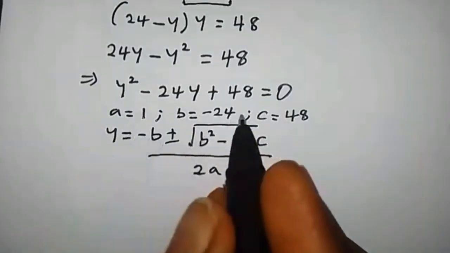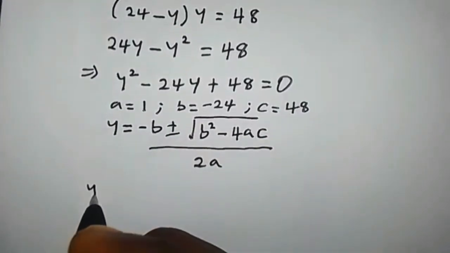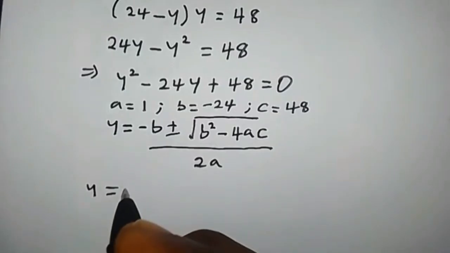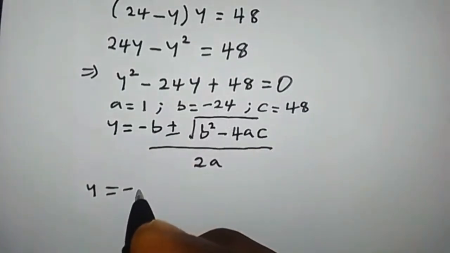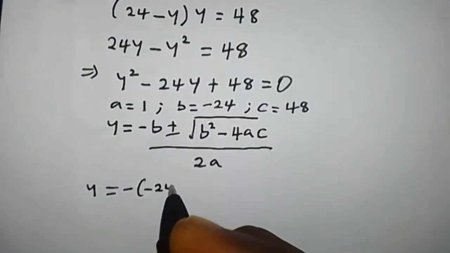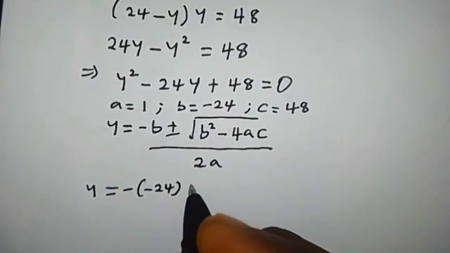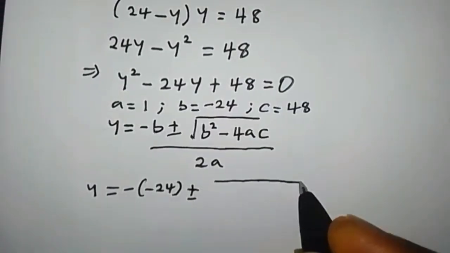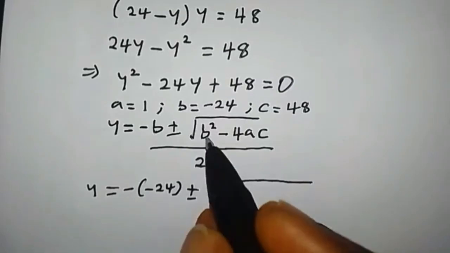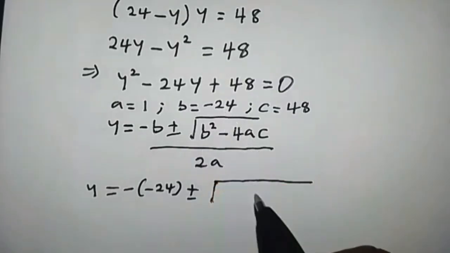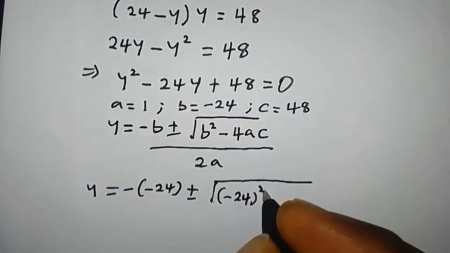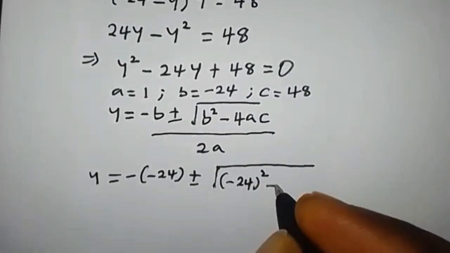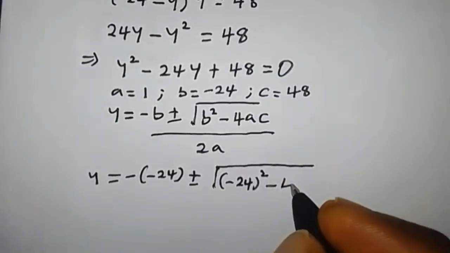So plugging these constants here, y equal to minus, what is b? B is negative 24. Negative 24 plus or minus the square root of b square, that will be minus 24 all squared minus 4.